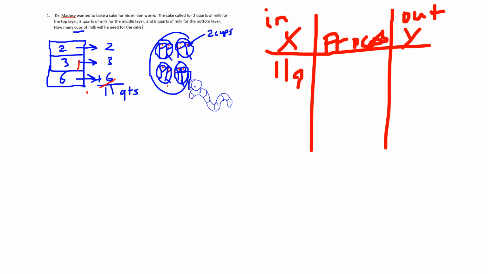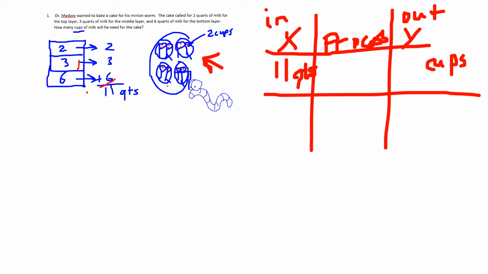But we don't want 11 quarts. We actually want to know how many cups that is. We don't know exactly that, but we do know from our picture here that it is 4 cups per quart. So I'm going to say in 1 quart, there are 4 cups.